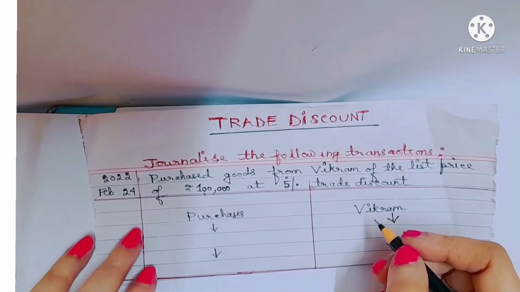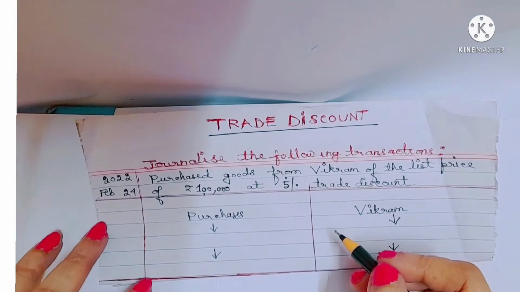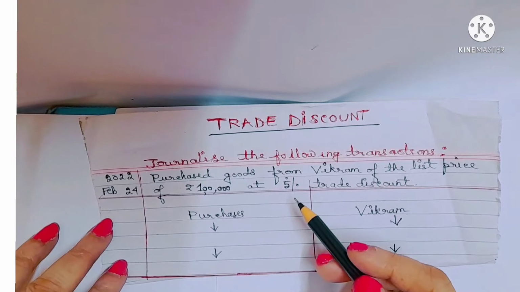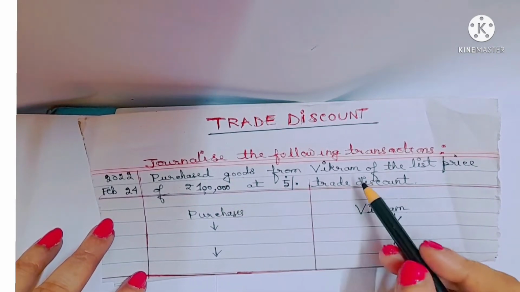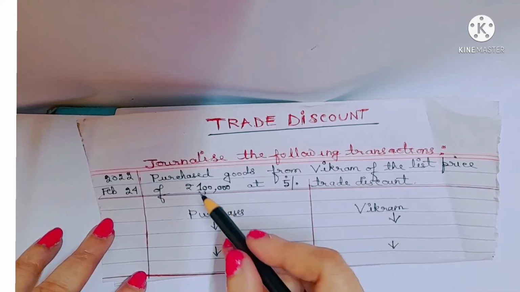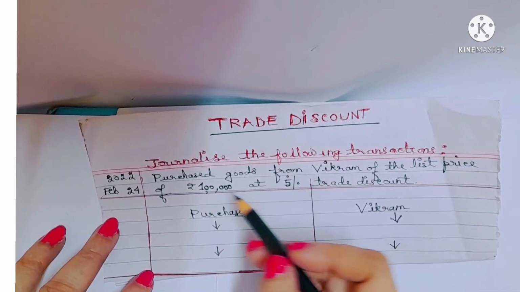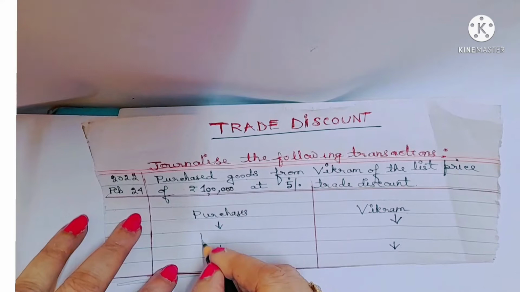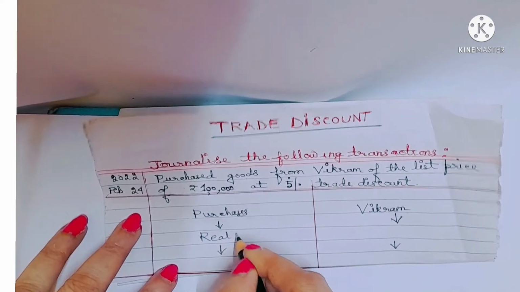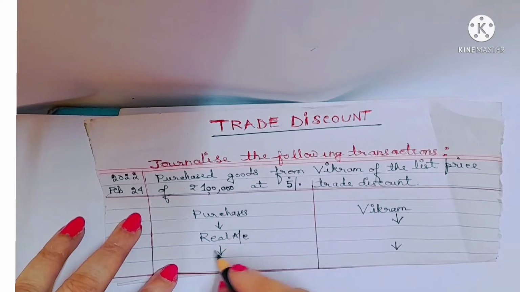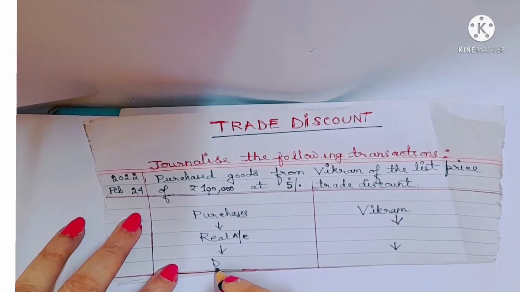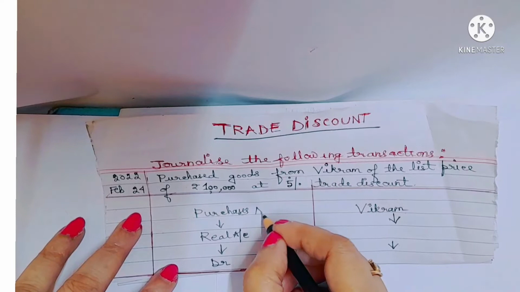I'll show you the calculation afterwards when I'll be recording the transactions in the journal. So one will be purchases account and another will be Vikram account. We are purchasing goods from Vikram. So purchases always falls under real account. Goods are coming in. According to real account, what comes in is debit. So goods are coming in, purchases account should be debited.